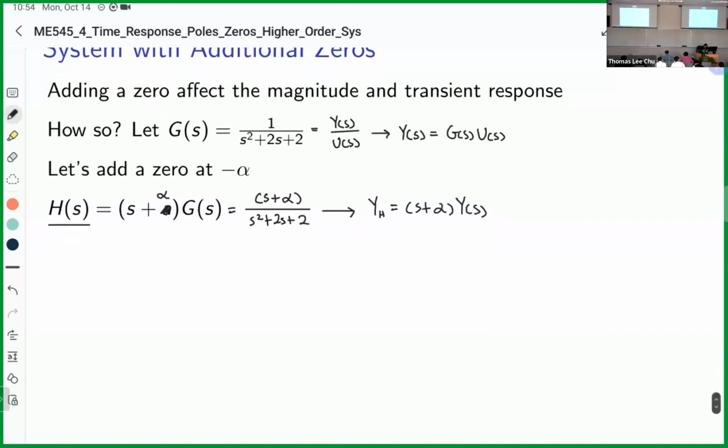So if I were to take the inverse Laplace transform of Y of H, which gets us Y of T, or Y of H in the time domain, I'm going to write this out again: inverse Laplace transform of S Y of S plus alpha Y of S.